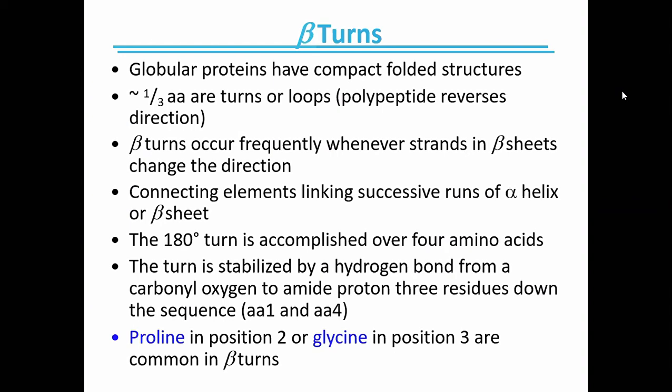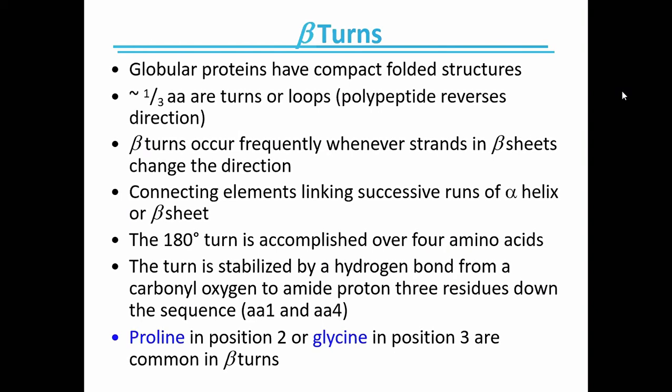The reason is that proline and glycine are very flexible. The flexibility of proline comes from cis and trans isomers; I'll show you in the next slide. The flexibility of glycine comes from the size of the side chain. Glycine is the smallest of the 20 amino acids, with only one atom for the side chain, which is hydrogen.